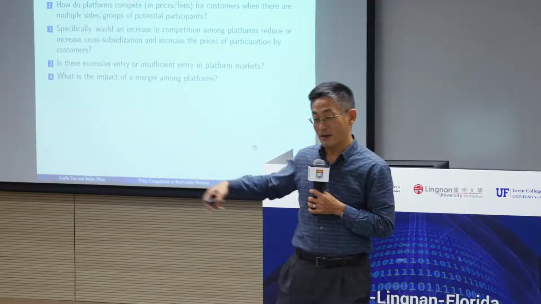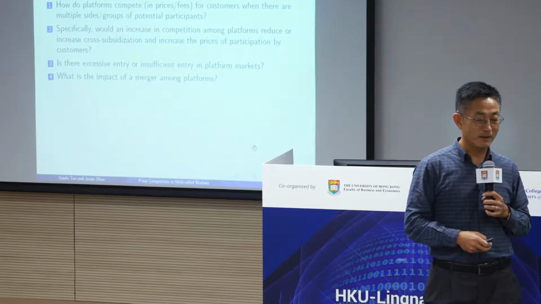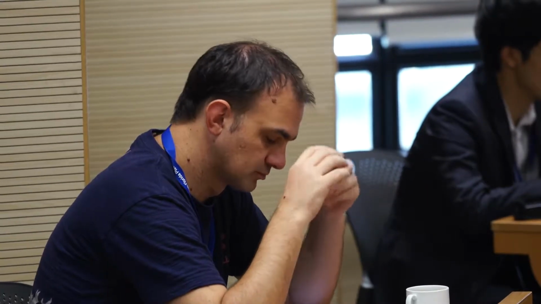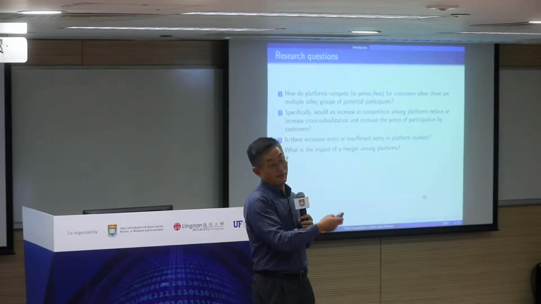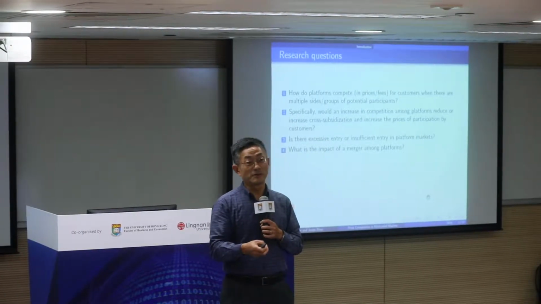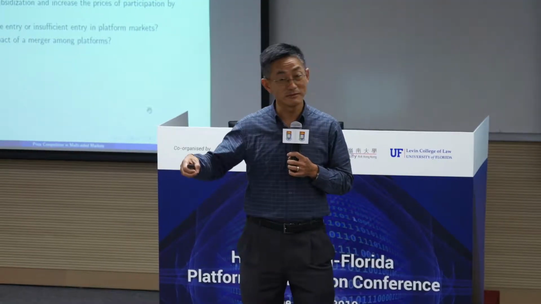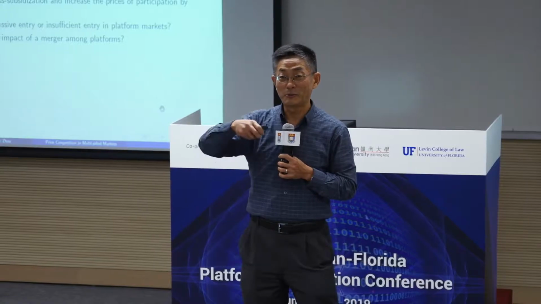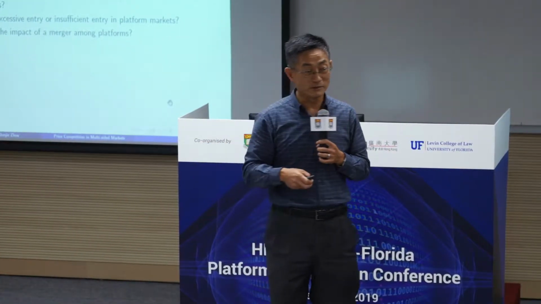And yesterday, during the break, we were discussing that since we're dealing with multiple sides, think about advertising through newspaper media. After a merger, if the subscription fee is increased by a tiny amount or might even go down, but the advertising rate goes up, how do we balance consumer welfare since we're dealing with two groups?